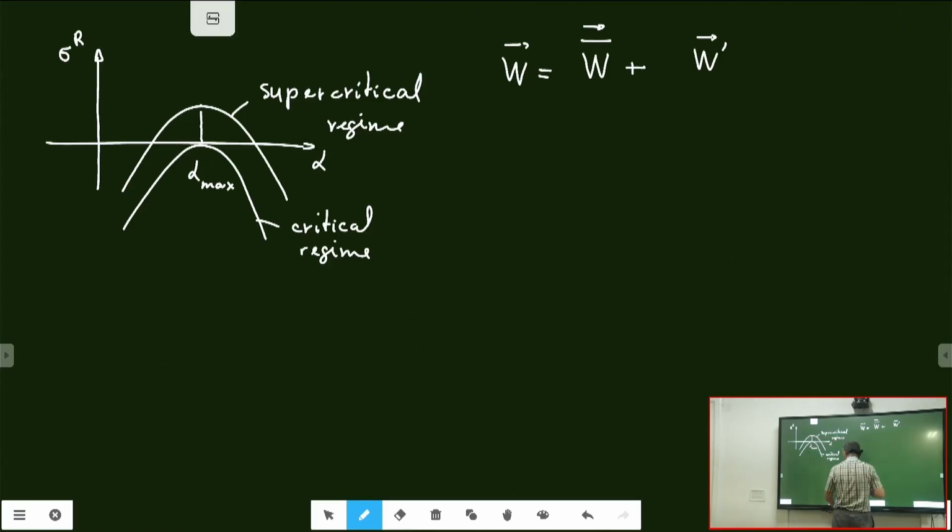Let me call it, to be consistent with our notation, not prime, but W hat, a function of z, proportional to e to the i alpha x.